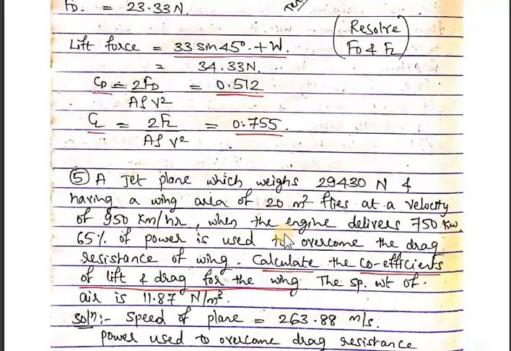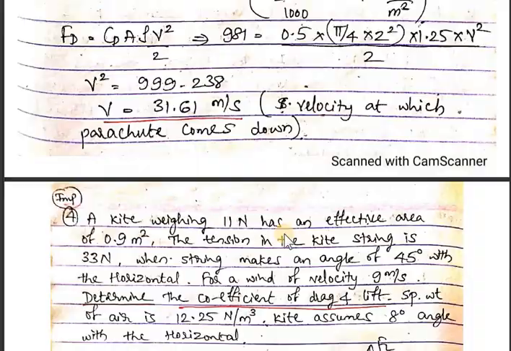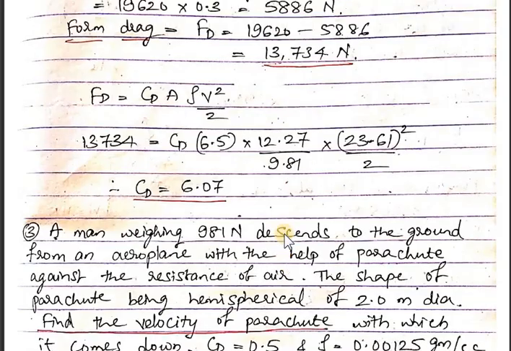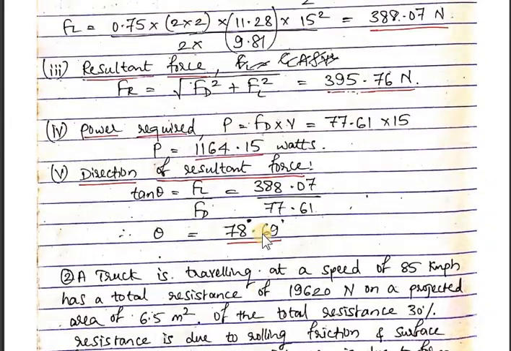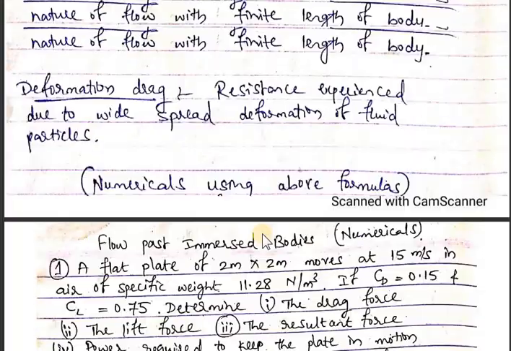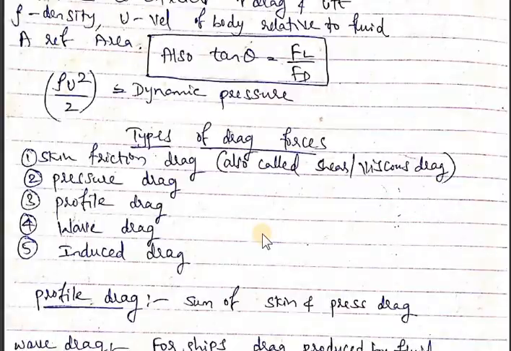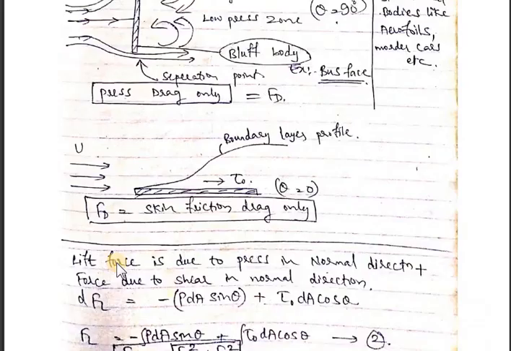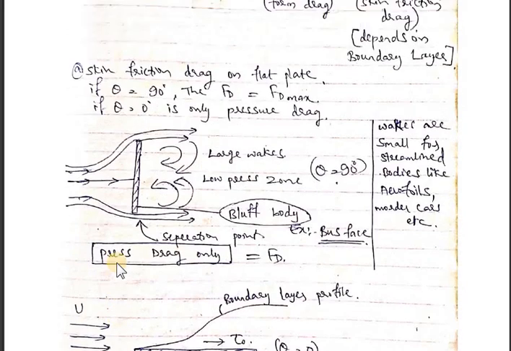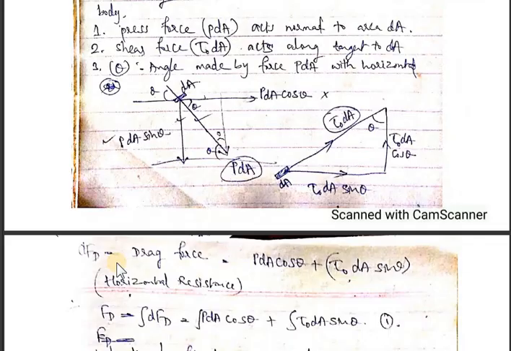In the same fashion, different types of bodies can be given, like a jet plane, submarine, ship, bus, truck, or kite. Different types of numericals will be available, but the main point is how to use these equations and implement them in the proper dimensions or units. Then you have to solve for the given values. Okay. Thank you everyone.